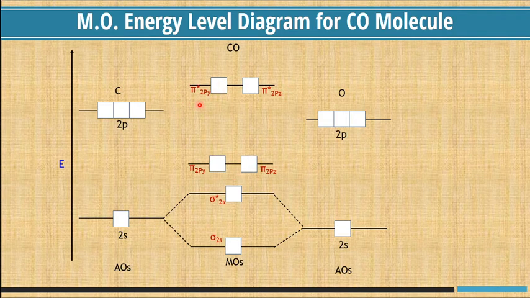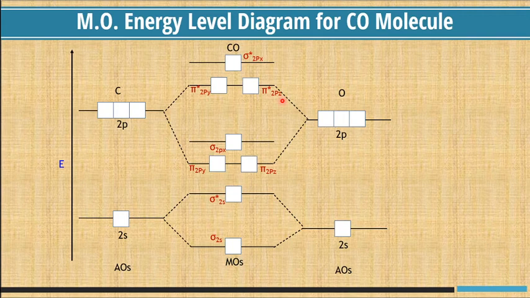Similarly, pi star 2py and pi star 2pz have equivalent energies and these are also degenerate orbitals. The 2px orbital from carbon and 2px orbital of oxygen combine together and give rise to the sigma 2px bonding and sigma star 2px anti-bonding molecular orbitals.